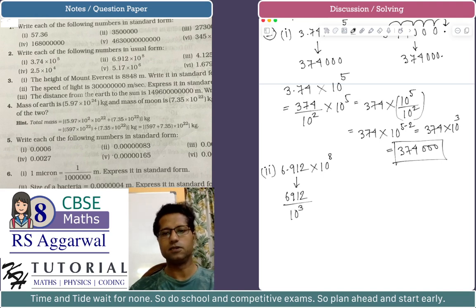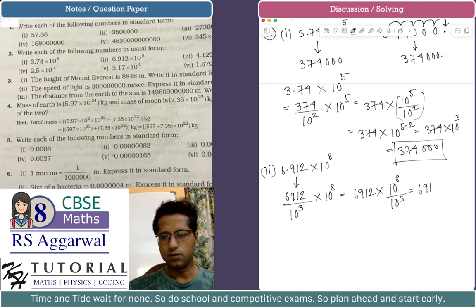Because there are 3 digits after the decimal point. And I have the 10 to the power 8. So this is equal to 6912 multiplied by 10 to the power 8 divided by 10 cube. This is equal to 6912 multiplied by 10 to the power 5, and this is equal to 6912, and I will add 5 zeros. So this is the number in usual form.